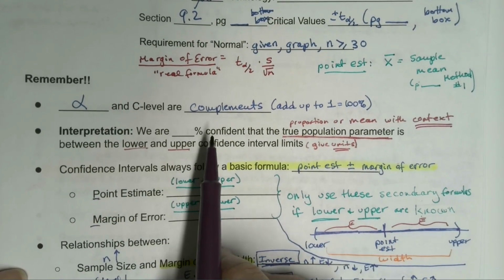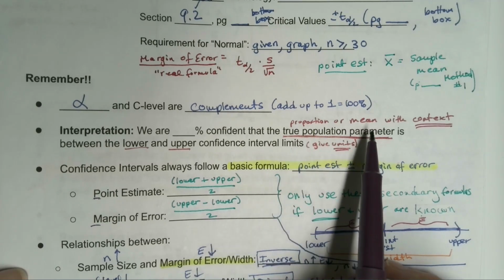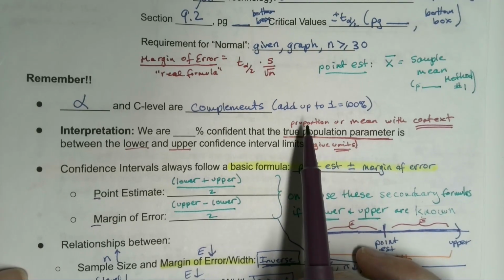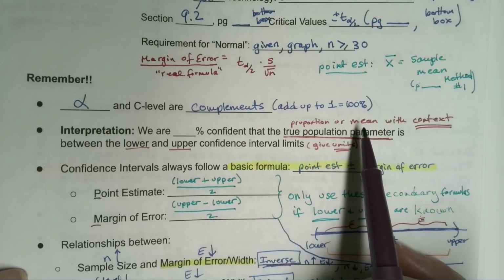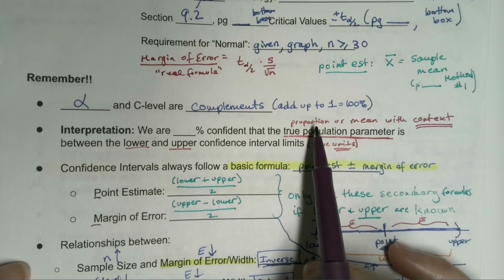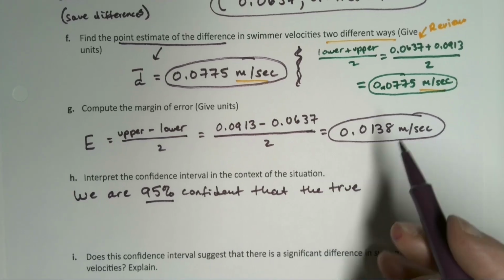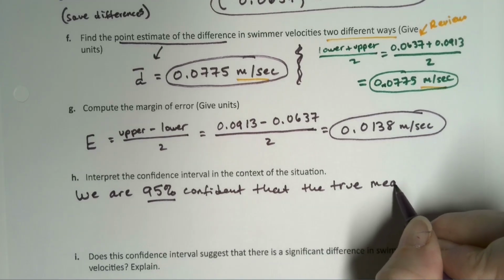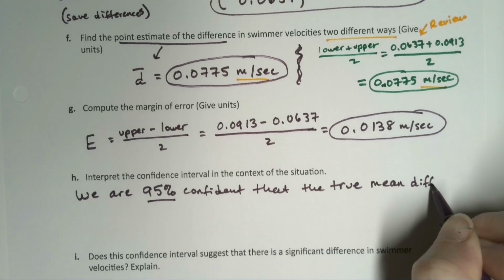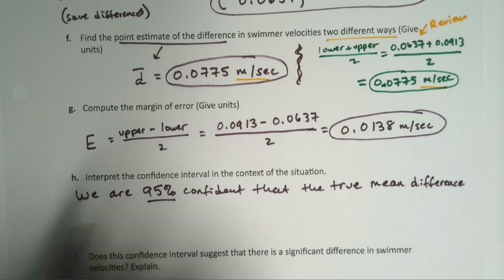It's this script right here from chapter 9. It's just that the population parameter is different. It used to just be proportion or mean, and that was it. And then in the last section we saw a difference in proportions, and this is actually the mean of the differences. So it's the true mean difference, or average difference, if you want to say it that way.